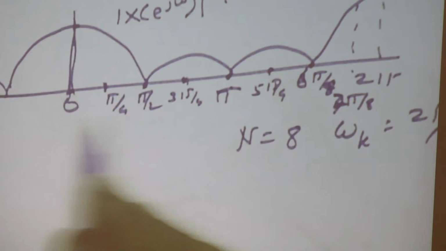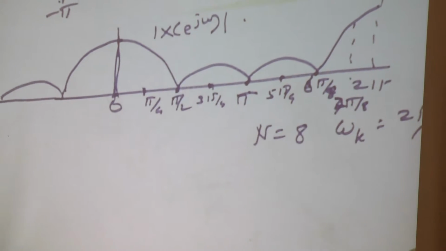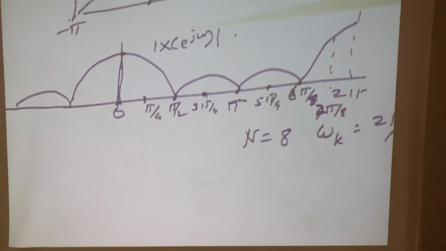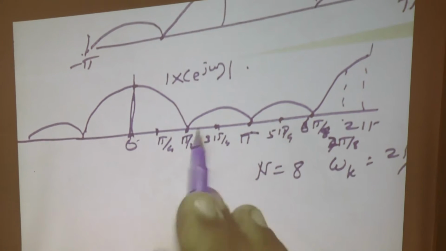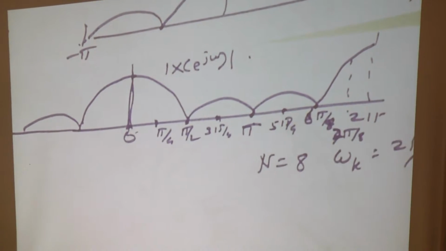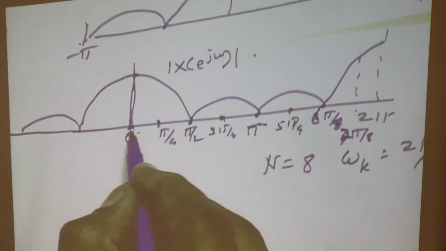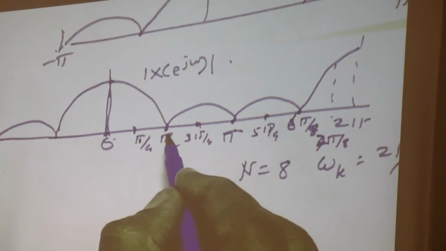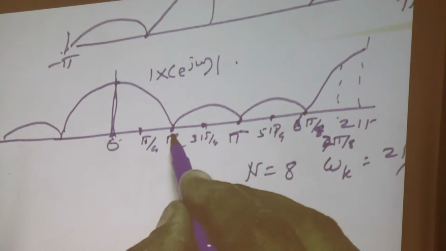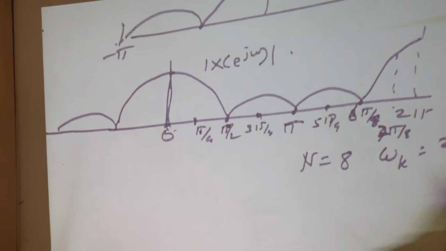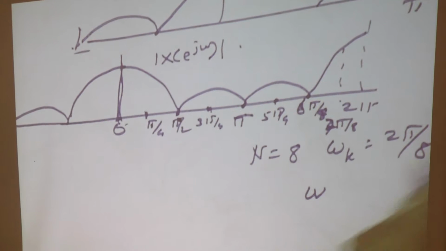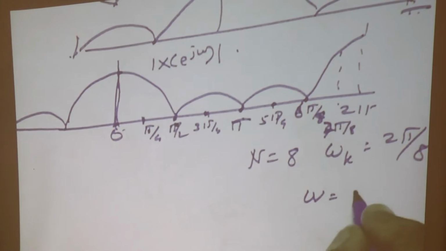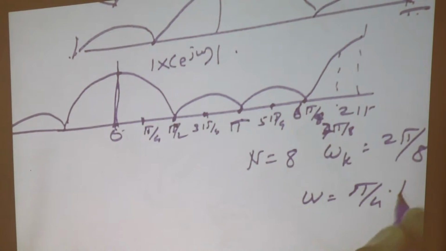So, I am dividing 2 pi into 8 equal length samples. So, 2 pi is divided into 8 equal values. So, 2 pi by 8 is the sampling value. So, 0, 2 pi by 8, 4 pi by 8 and so on. So, when omega k equals 2 pi by 8 into k, that means pi by 4 into k.